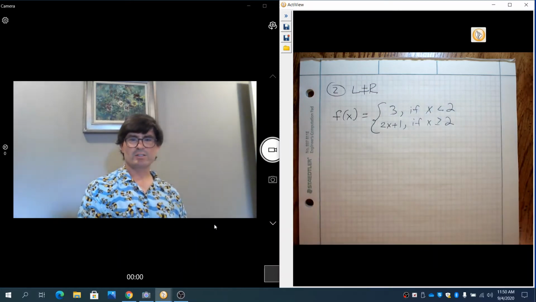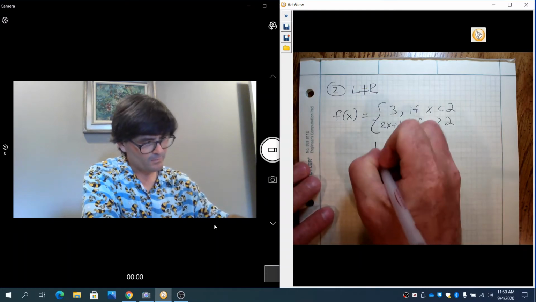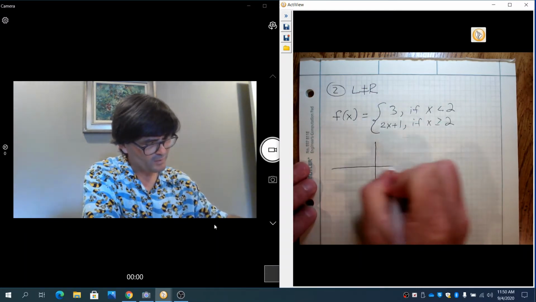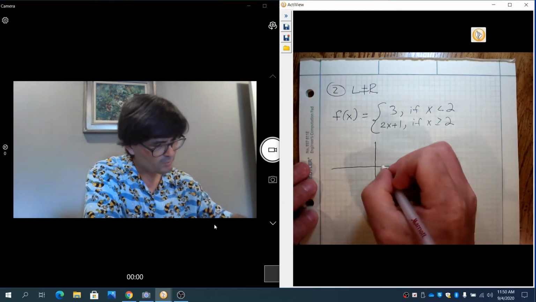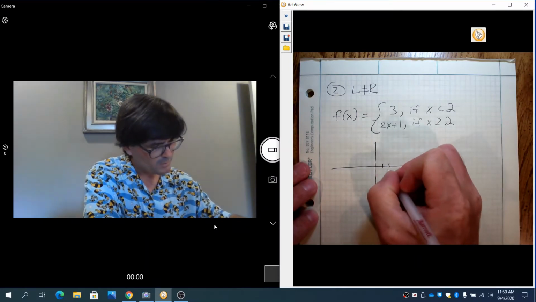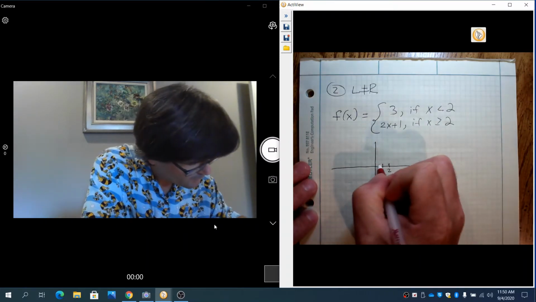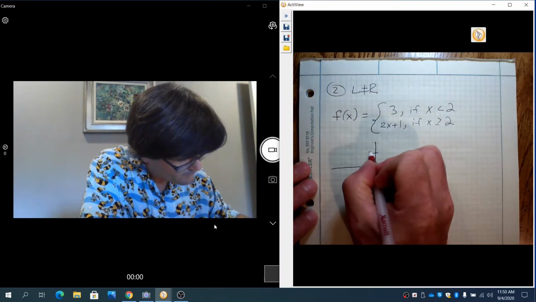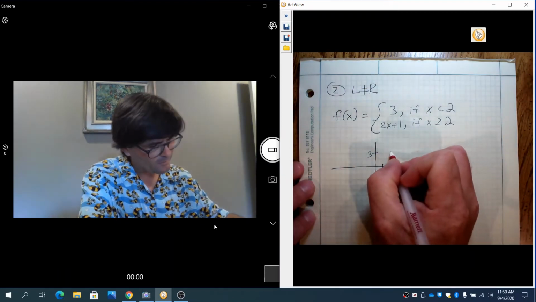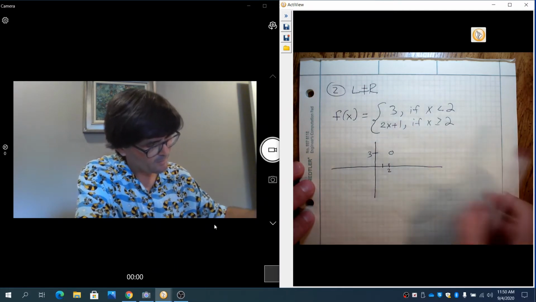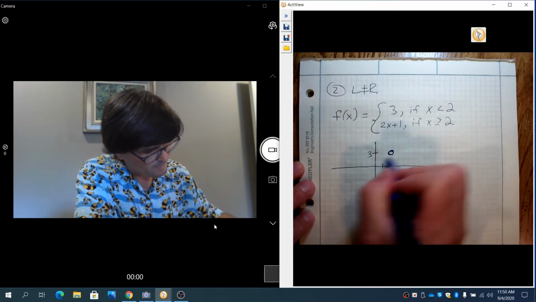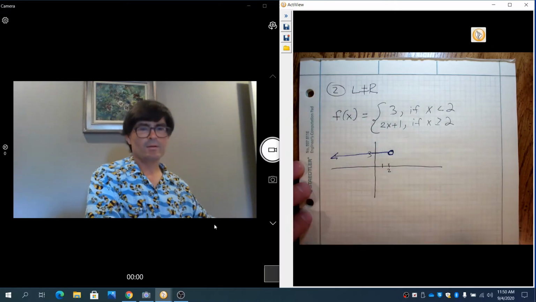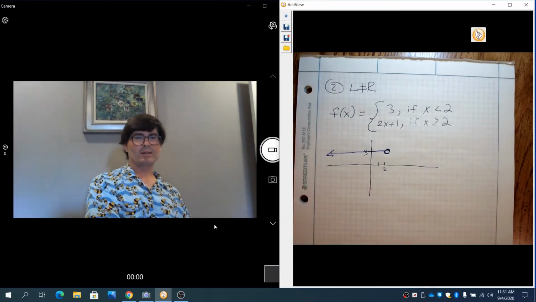This is a piecewise function. When x is 2, the function changes from one piece to another. If I draw this graph, here's 2, 1, 2, 3. We have an open dot, and the graph is just a flat line at 3.